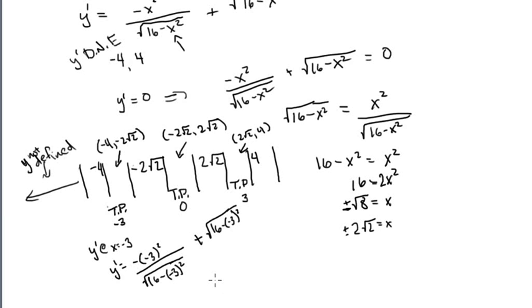Okay, what I'm going to do is go to my graphing calculator. I'm going to hit the y equals button. I'm going to put it in: negative x squared divided by the square root of 16 minus x squared.